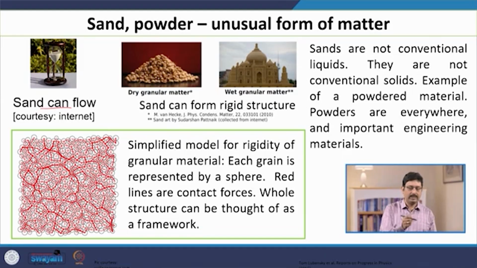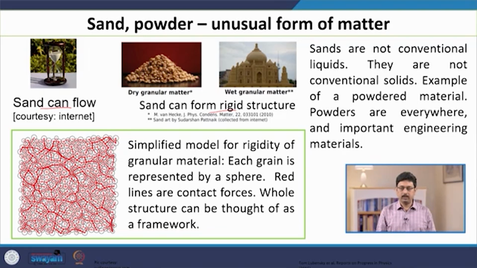For example, the sand in a sand clock flows like a liquid. However, if you put a lot of sand in a high density packing, then it can also form a rigid structure, such as a heap of sand, like a heap of rice or a heap of food grains.